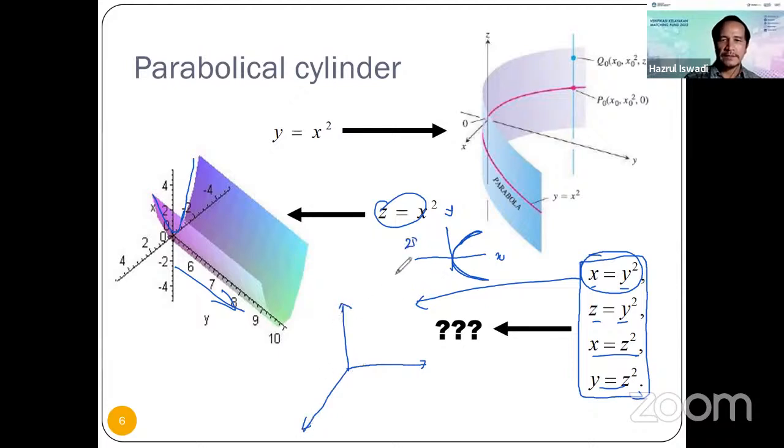This is two dimension, and this is three dimension x, y, z, and the parabola goes like here, and then we move this curve along the z axis. So here is the cylinder of this formula.